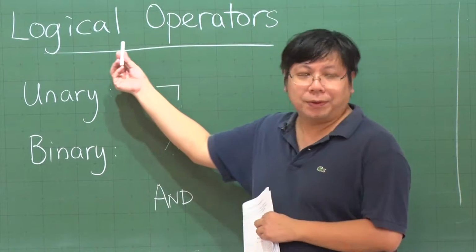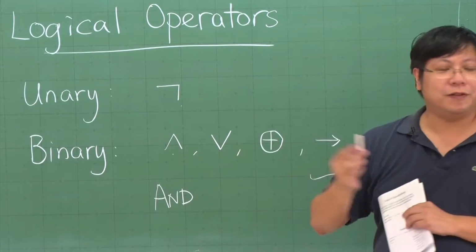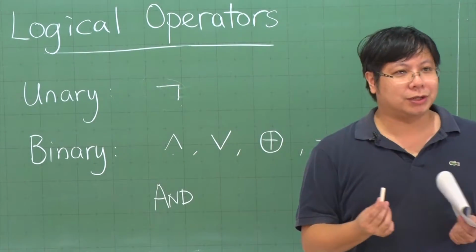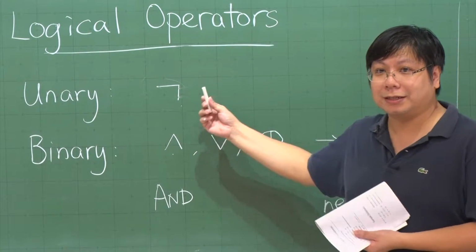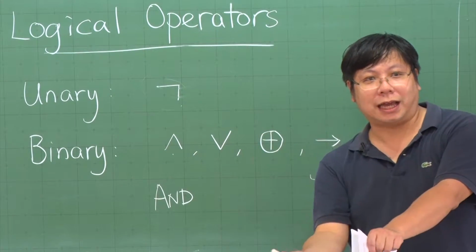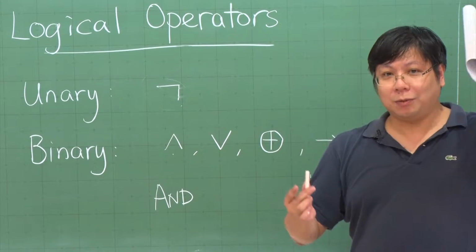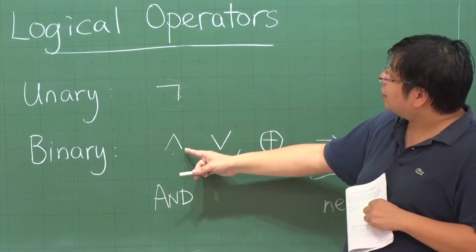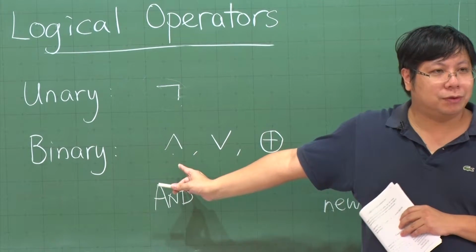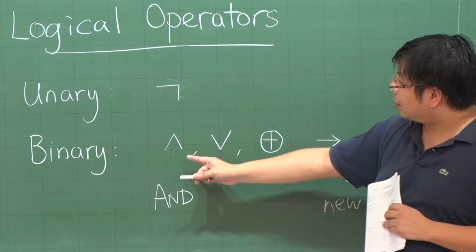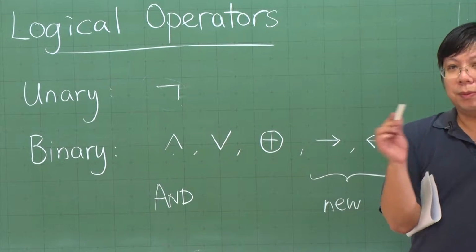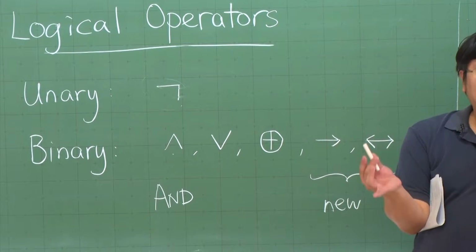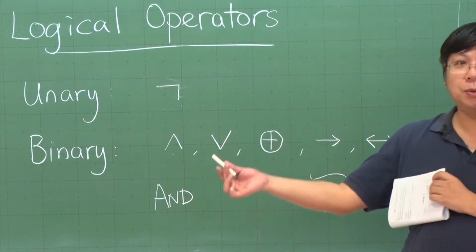Some logical operators are unary. You give me a proposition, and I can apply the operator on that proposition to get a new one. Not is like this: you have a proposition P, then I can get not of P. I just need one proposition. Other operators are binary. A binary operator takes two propositions as input and combines them to give you a new one.